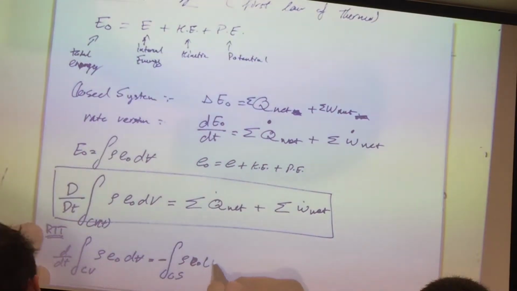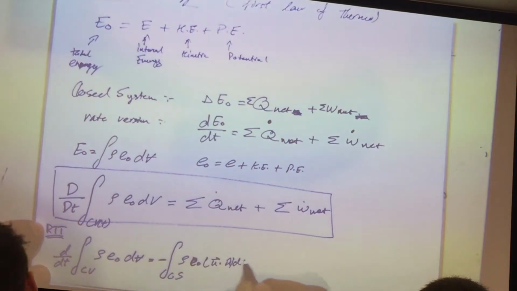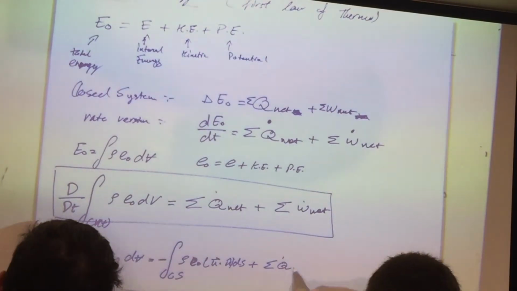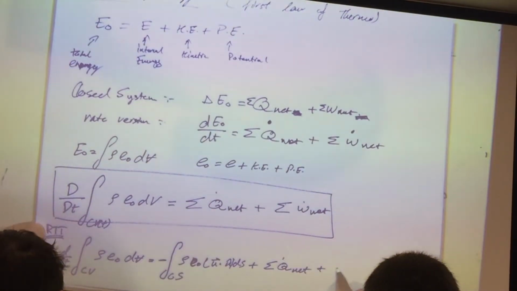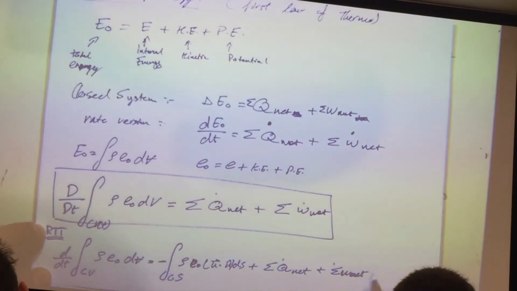So I decomposed it into the flux through the control surface, plus the total summation of my Q net plus my W net. Same thing that we've been talking about so far.